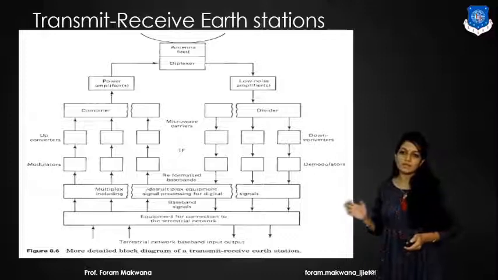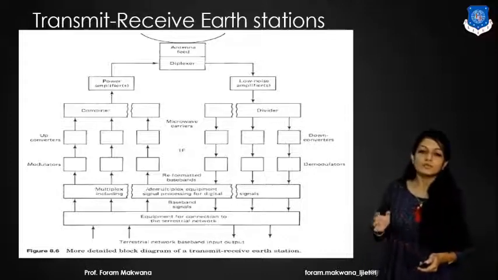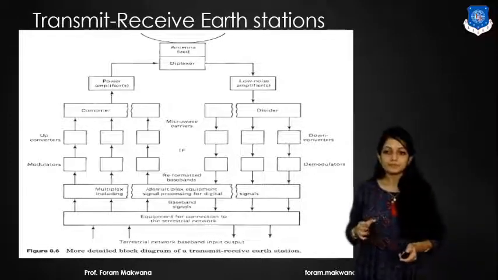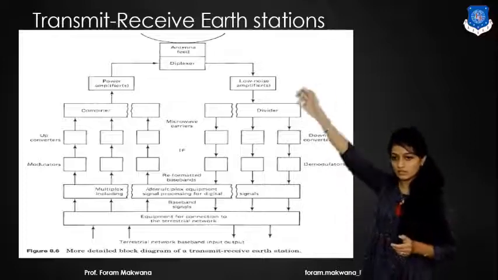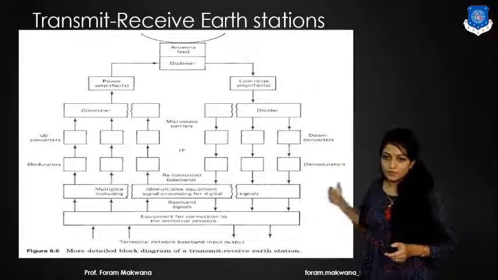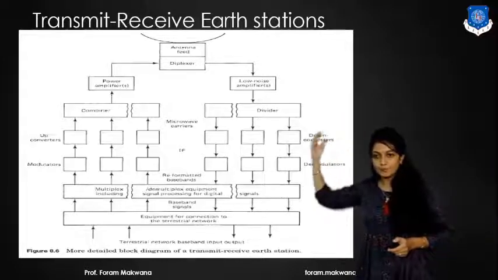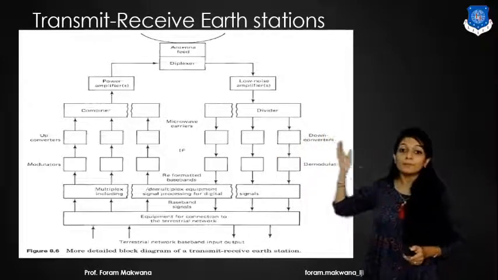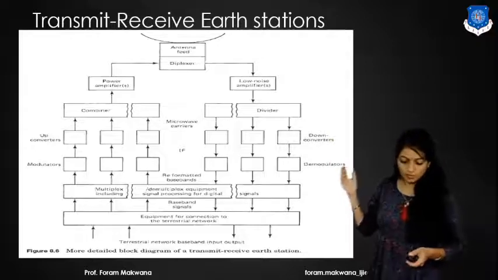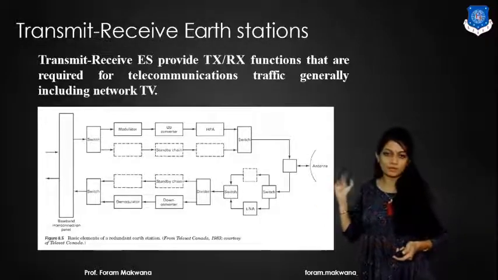So this diagram will represent whether we need to transmit the signal, like, there are a number of up converters and a number of down converters. So over here only one up converter and one down converter is there.